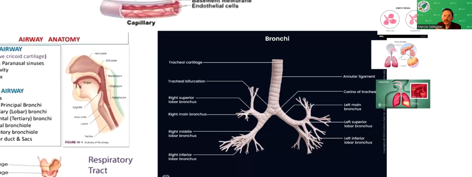Hold on. Let's pause it. Let me tell you what I did there. In my head, this is like the main stem bronchus. No, that's just the trachea. So the trachea goes all the way down and then bifurcates, which bifurcation just means a split like that.